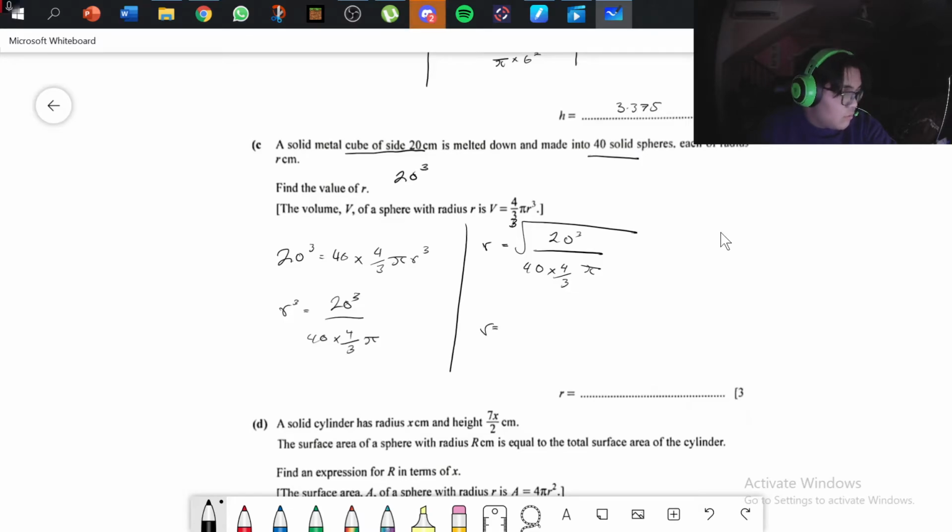Put it into the calculator, and r will equal 3.627, rounded up to 3.63. So r is equal to 3.63.